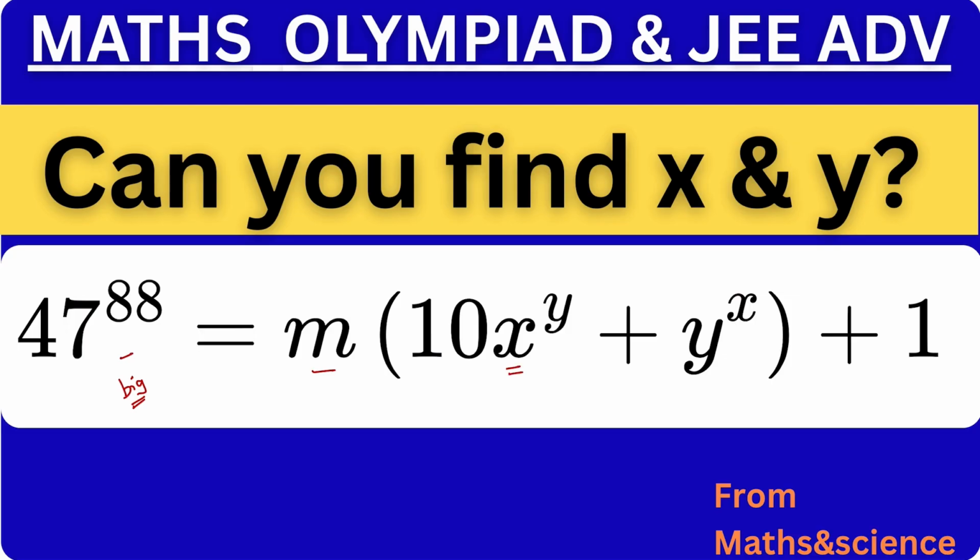X to the power of y, here it is y to the power of x. It's a single equation and two variables. We have to find both the variables. It's a very tricky question. Let us try to solve it.